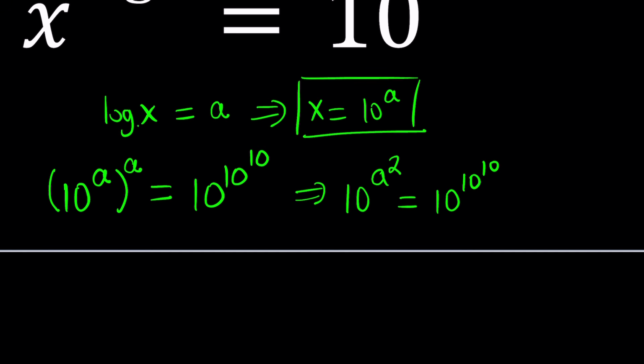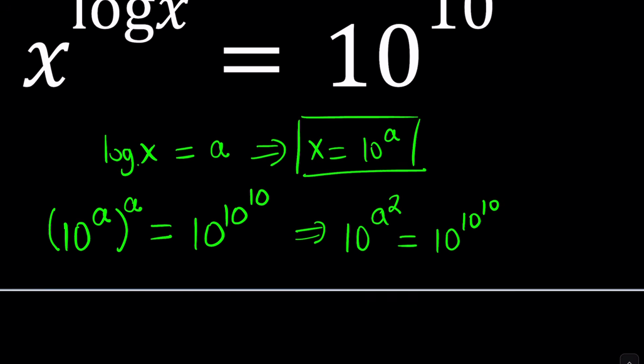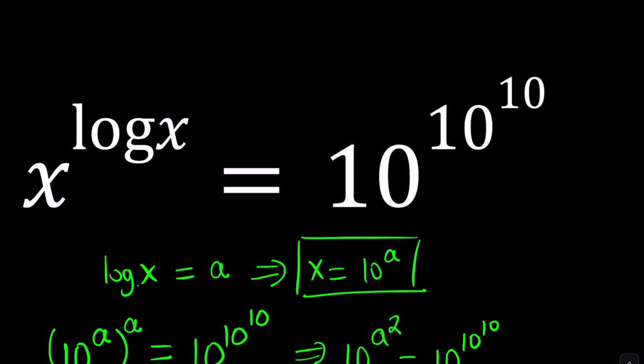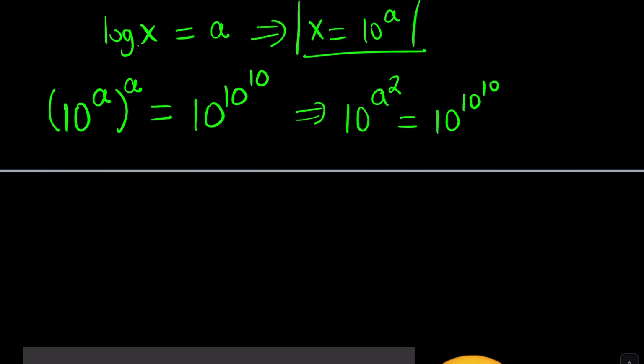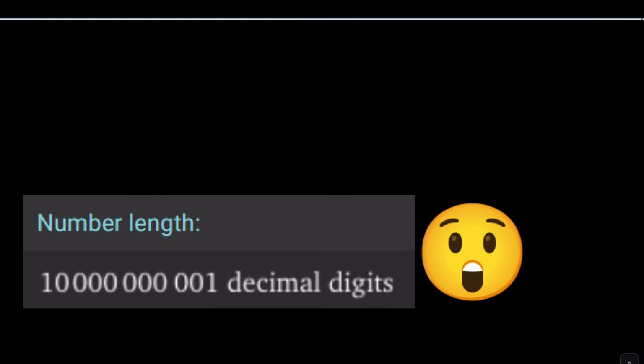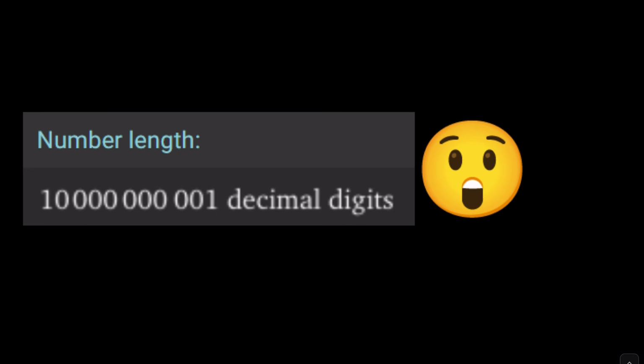By the way, if you want to know what kind of number you're dealing with when you see something like a power tower like this one, 10 to the power 10 to the power 10, what kind of number are we dealing with, right? Well, you're basically dealing with a number this long. Basically, this number that we're dealing with here is a number with this many decimal digits.